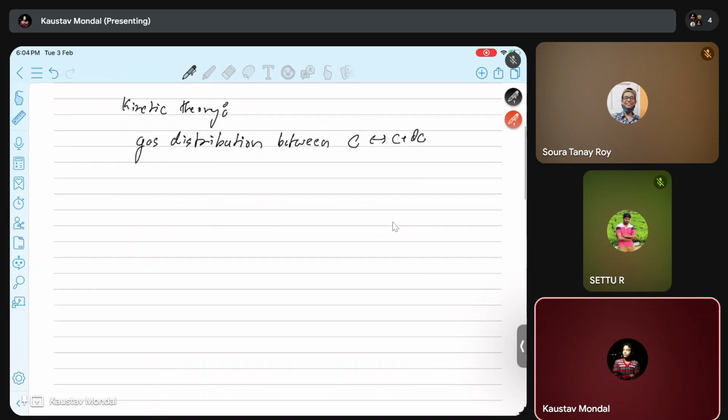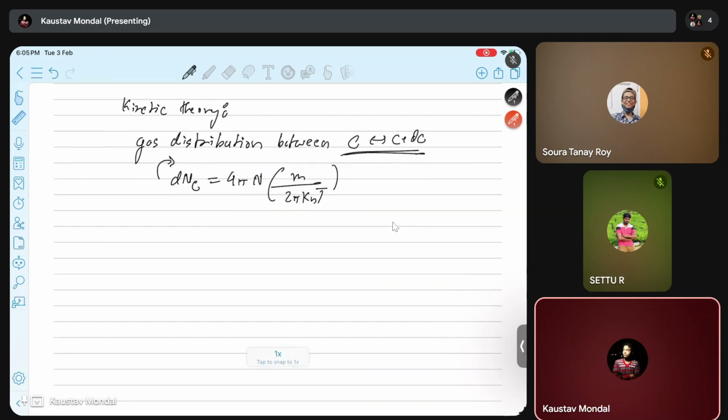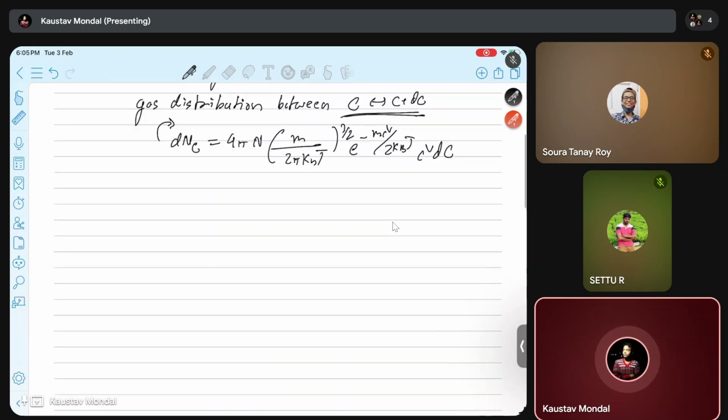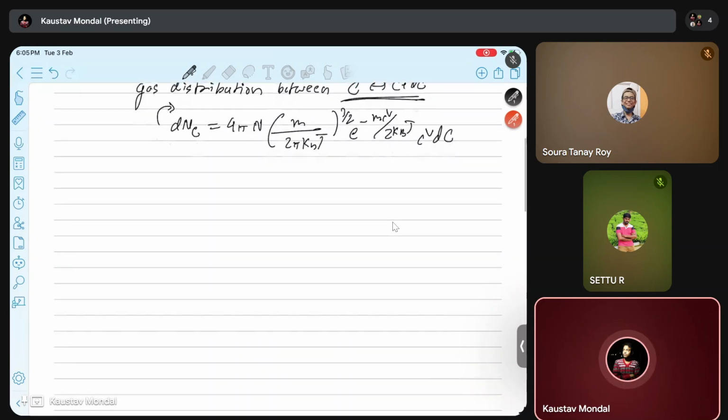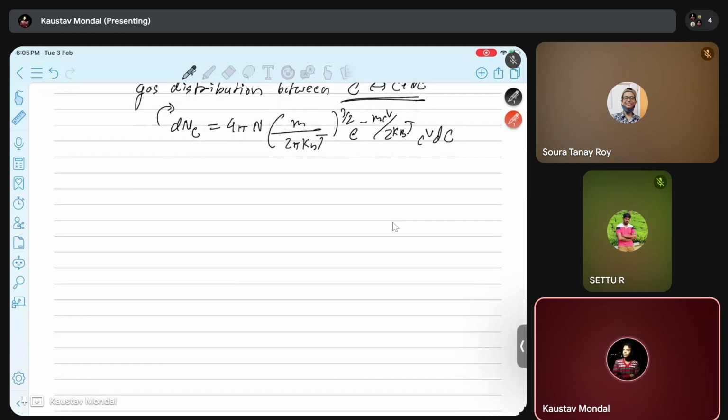That distribution is dN_C equal to 4 pi N, times (m by 2 pi kBT) to the power 3 by 2, into e to the power minus mC square by 2kBT, times C square dC. The distribution depends on temperature, mass and so on.